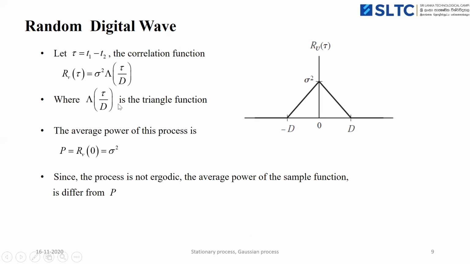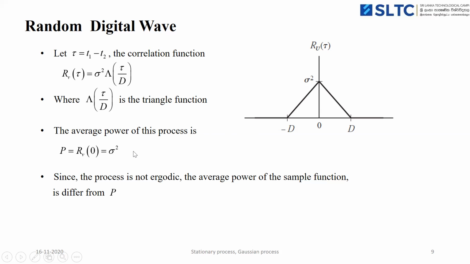So by varying tau, we can get this triangle waveform. That's why we say it's a triangle function, and it has the maximum magnitude at tau equal to 0, that is sigma squared. At tau equal to 0, we get the average power of these random digital waves, that is P equal to sigma squared, or the variance of the random digital waves.